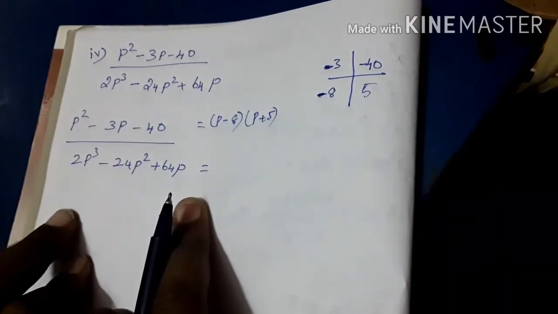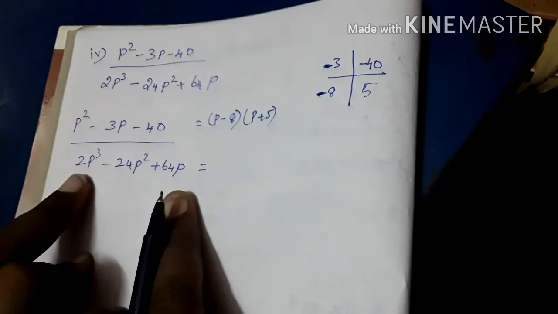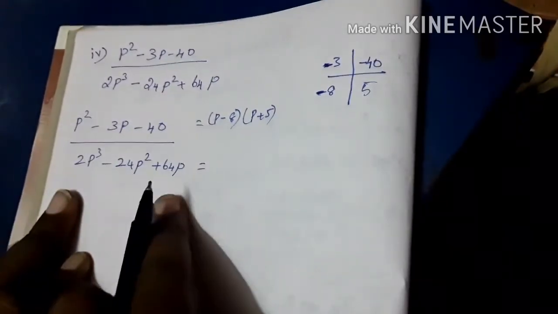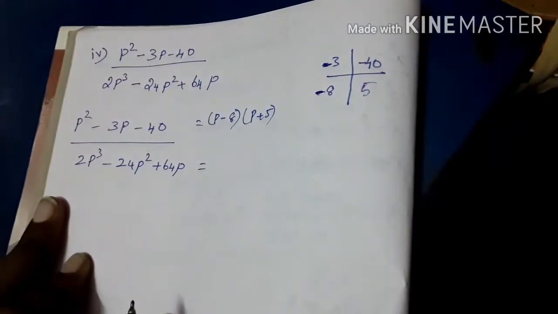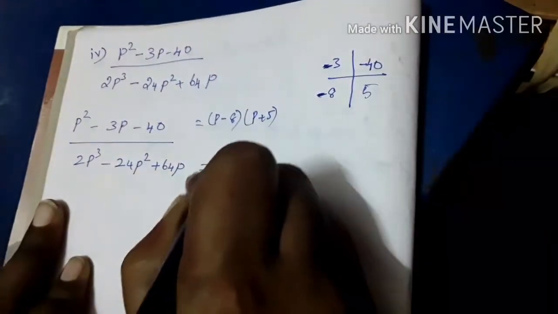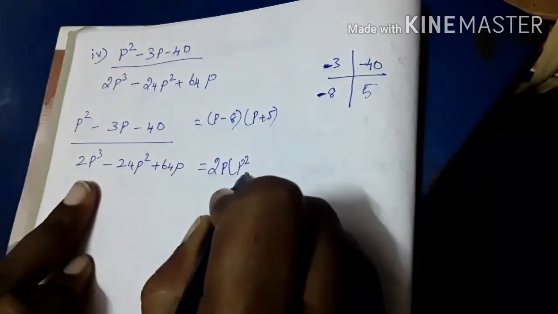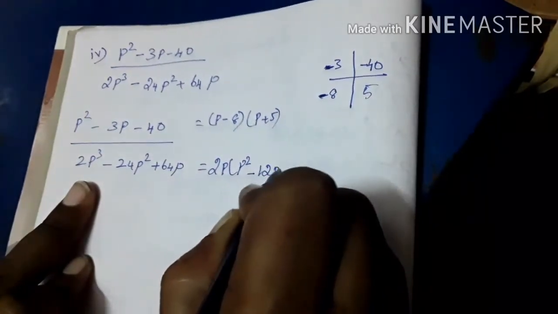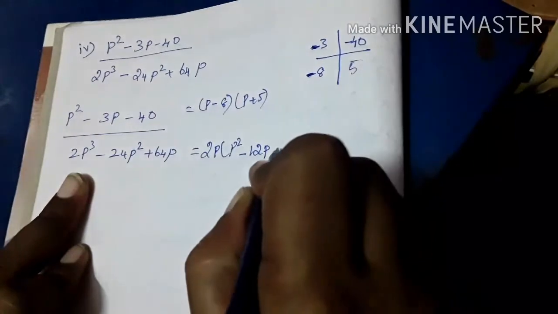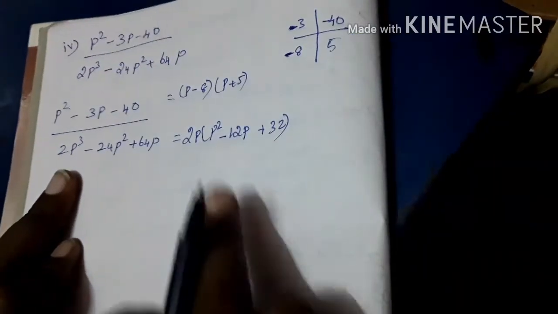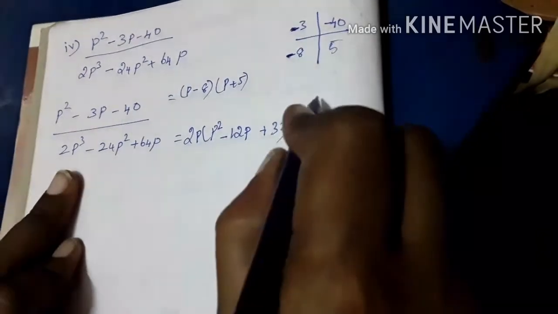Yes, 2 and p we take as common, because all the terms are multiples of 2 and all have p. So 2p we take as common. Remaining is p squared minus 12p plus 32.